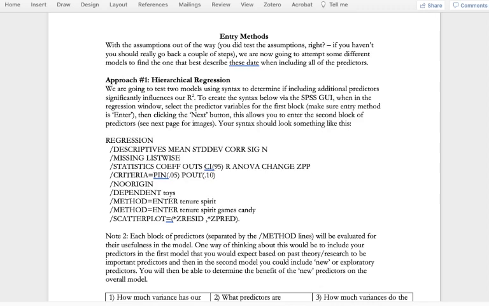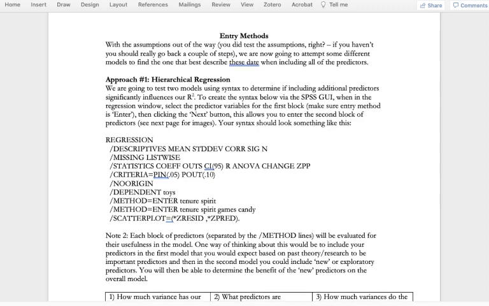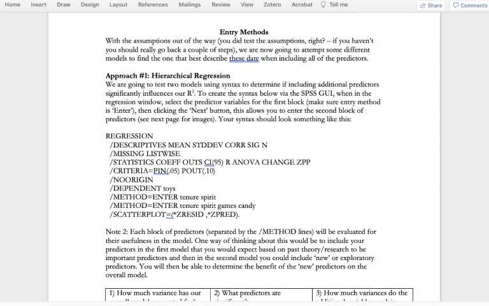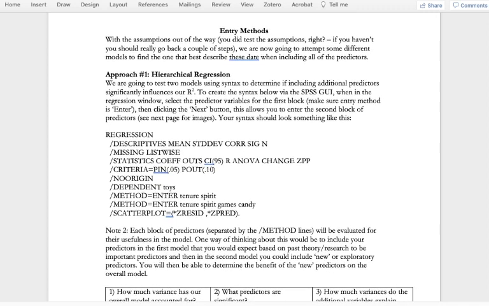So let's look at what some of the different options are. The first one is a hierarchical regression. Essentially, here, what we're doing is we're saying, okay, I think that, in this case, tenure and spirit are primary. They're the most important.